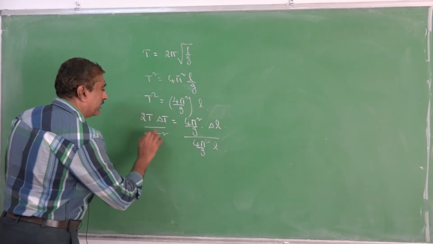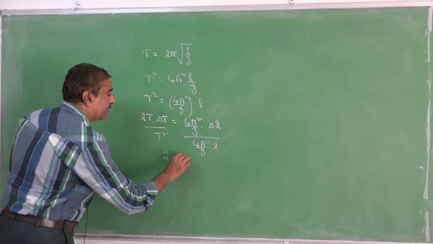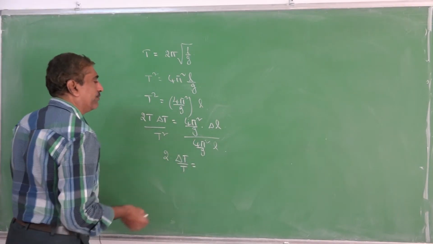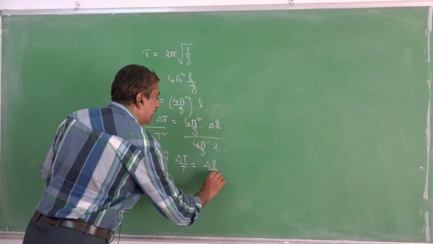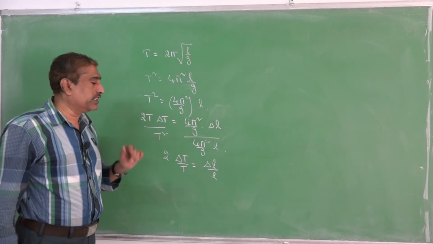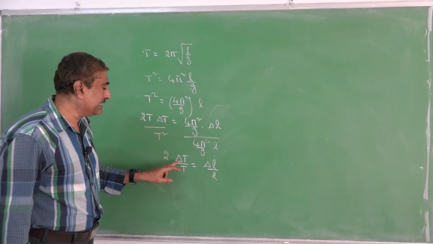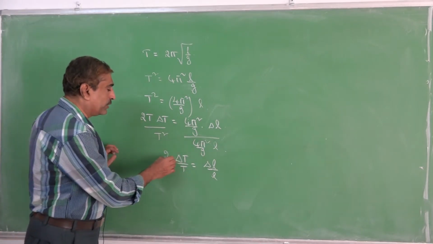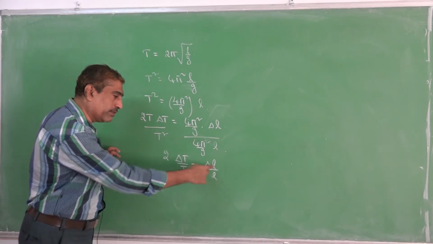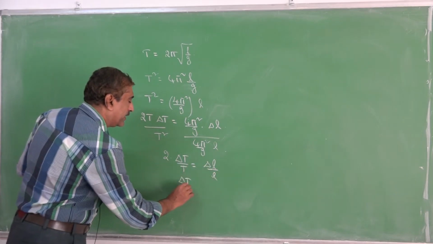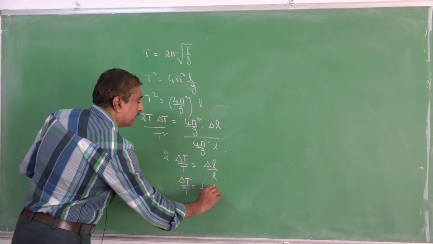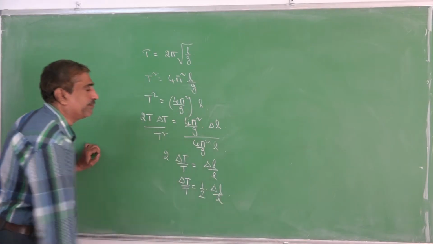So, we can write 2 delta T by T equals delta L by L. That means, if there is a small fractional change in the length of the pendulum, then the fractional change in the time period is half of it. So, delta T by T equals half the fractional change in length.